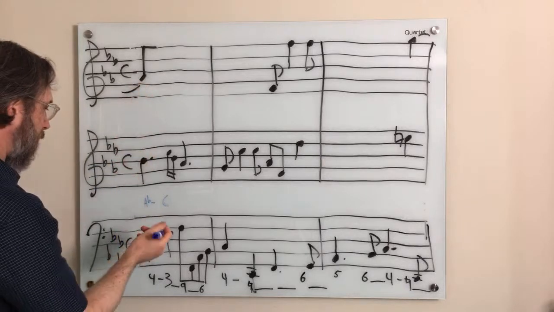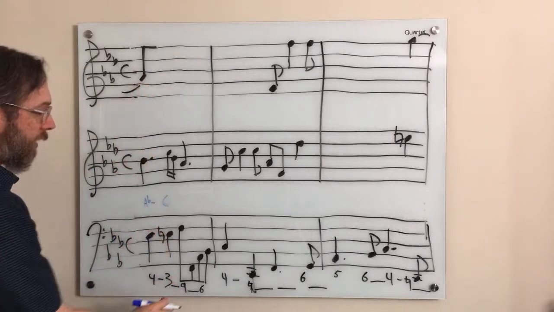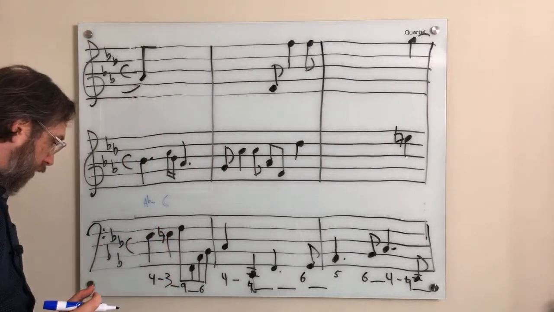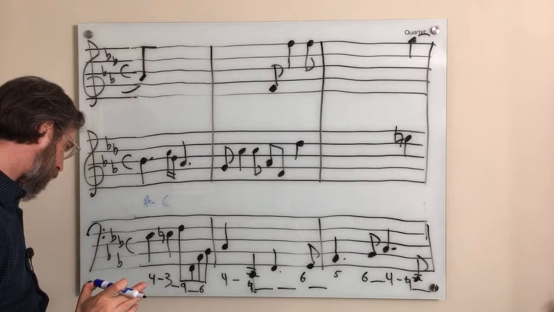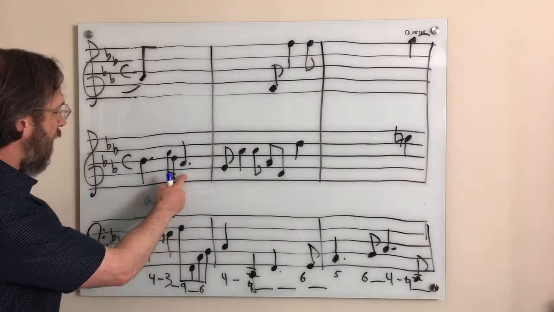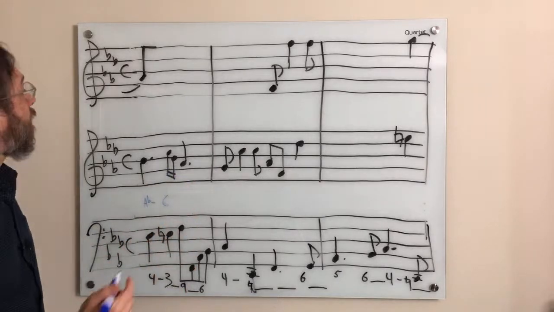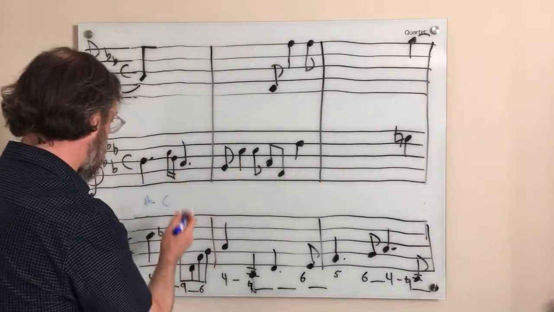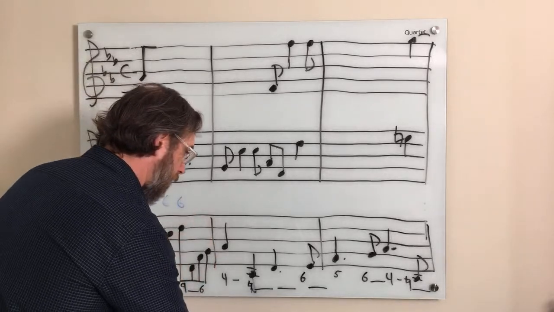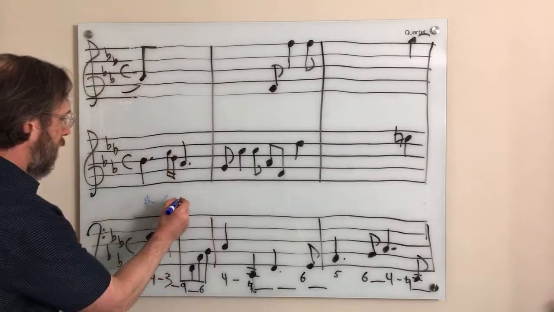So we're going to probably have some kind of embellishment there. Then I have this 9. When I see a 9, it's almost always a suspension, right? So I'm going to expect that it's probably going to be, so I have F, I have A flat. We're probably talking an F minor triad, root position, but I know I'm going to have this G continuing. So I'm going to come back to that.